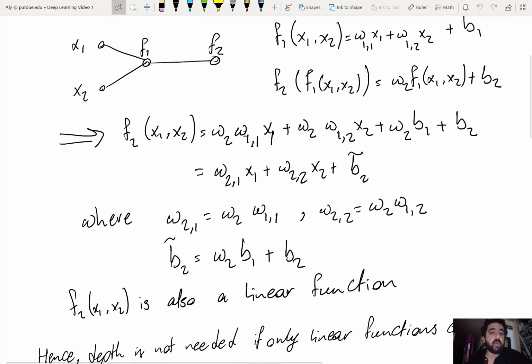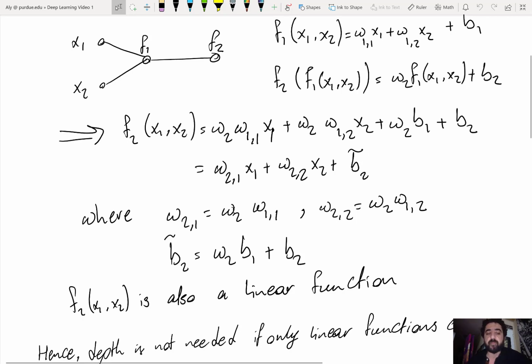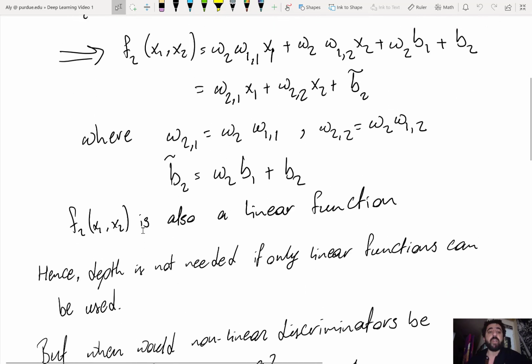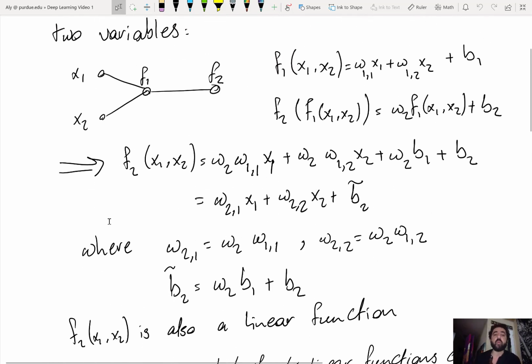Now I can take the term w2 w11 and that will be the weight for x1 in the function f2. I can take the term w2 w12 and that will be the weight w22 in the function f2. I can take the term w2 b1 plus b2 and that will be the new bias b2 tilde. Right? So we end up having f2 is also a linear function of x1 and x2.